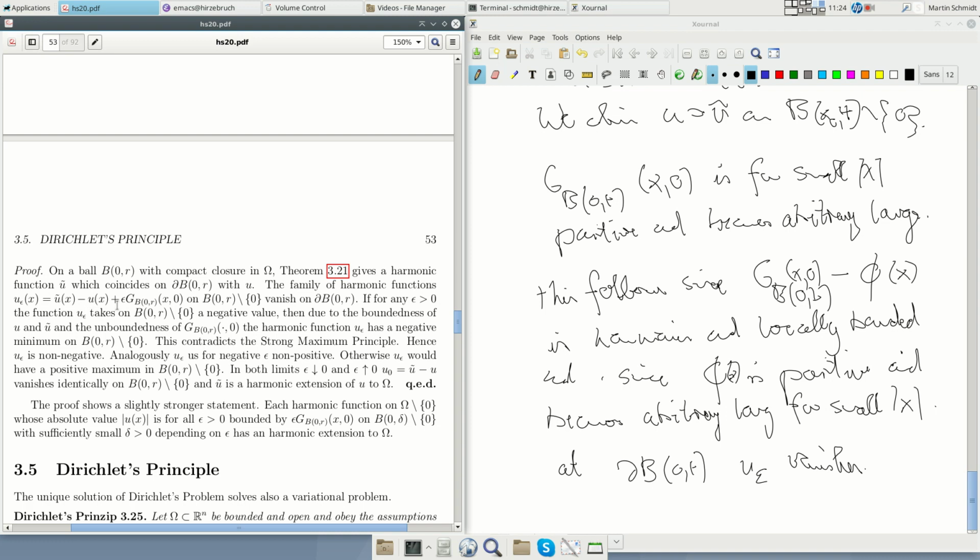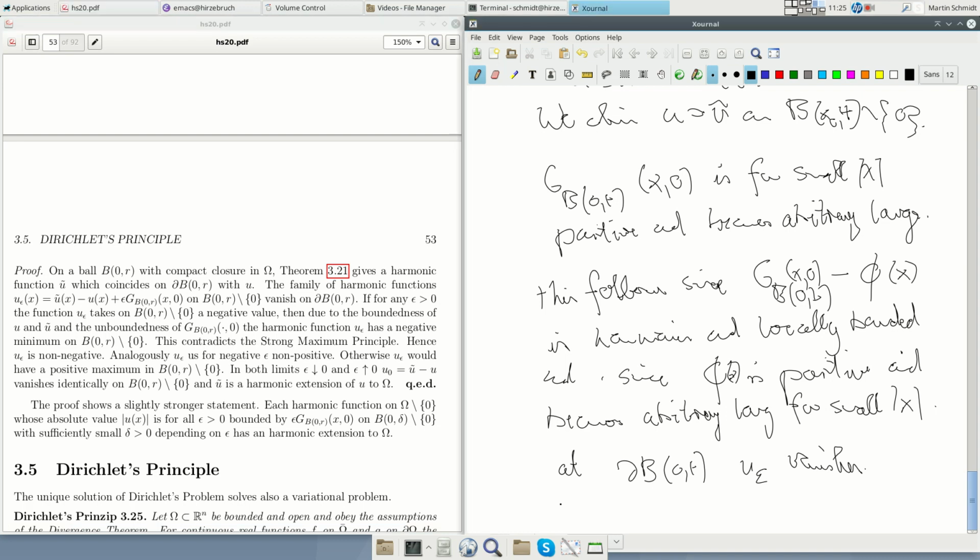And at zero, u epsilon becomes arbitrarily large. So if it has a negative value inside, then it has to have a negative minimum if it's anywhere negative. But this cannot be, because then it has to be constant by the strong maximum principle.